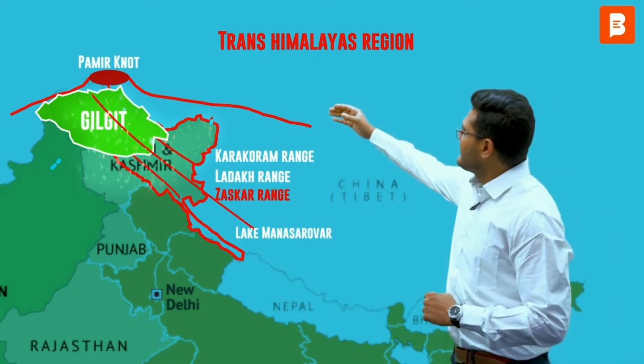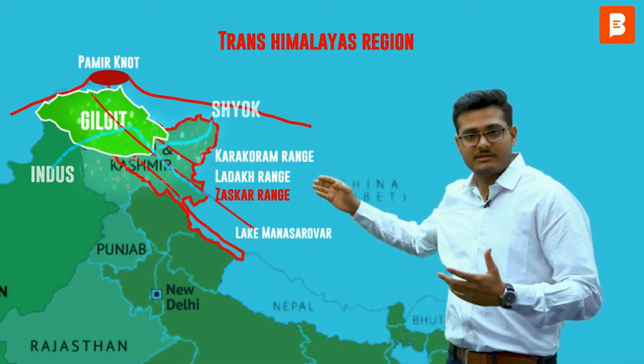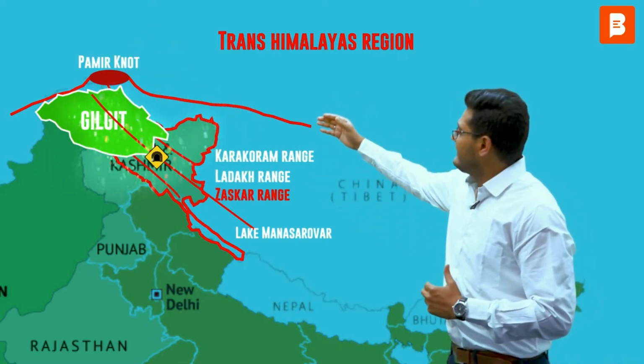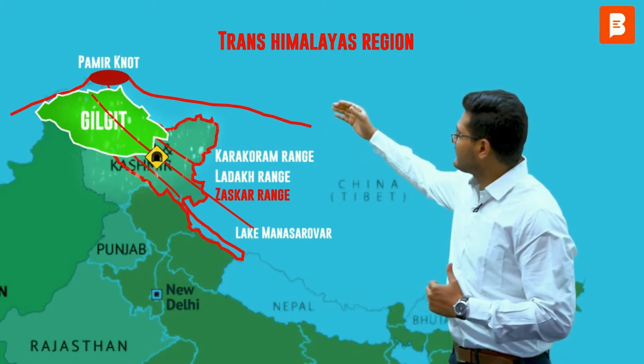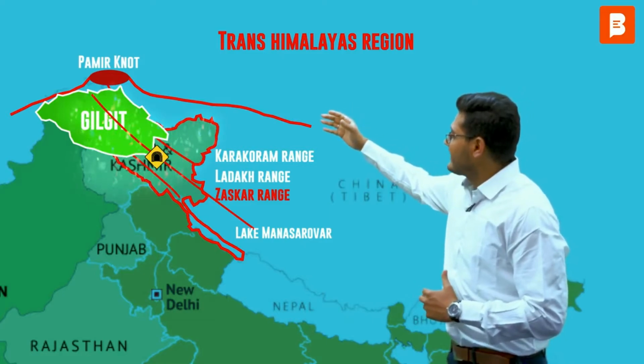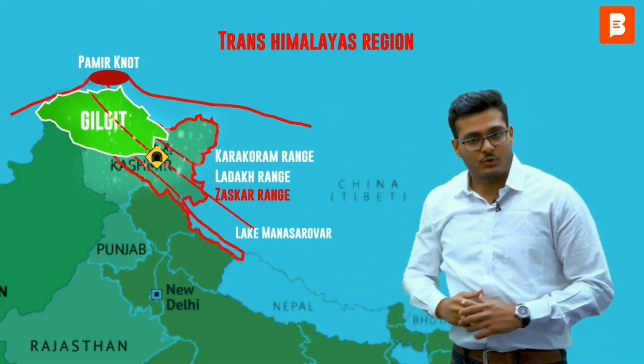These ranges separate the river Indus and Shyok, which is also a tributary of the Indus, into two halves. The Khardungla Pass, India's highest motorable pass, falls in these ranges. The Kailash range in western Tibet is an offshoot of the Ladakh range.